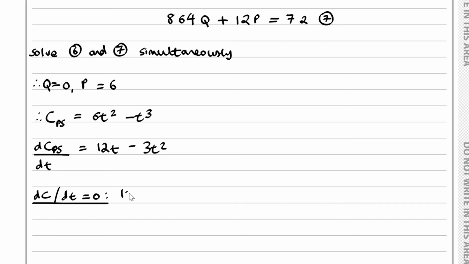So we have 12t minus 3t squared equals 0. So we have 4t minus t squared equals 0. So let's just write this out neatly. And then we have t lots of 4 minus t equals 0, and therefore t is equal to 4.